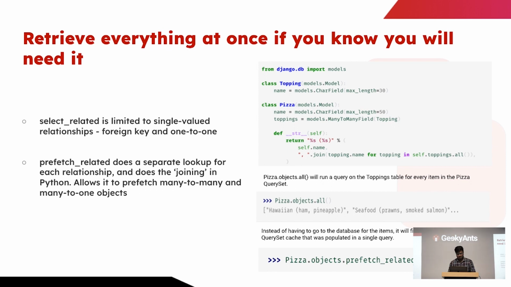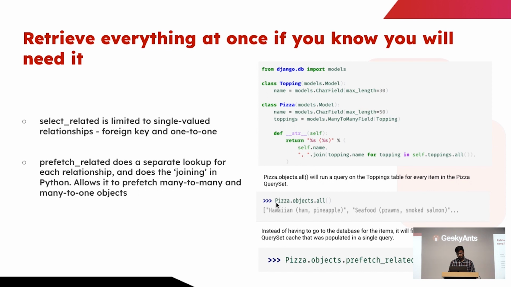Let's go with an example, because just telling it in theory makes it more complex than it's supposed to be. We have a simple example of a topping and a pizza. A pizza will obviously have many toppings, and many toppings can be a part of a pizza, right? So it's a many to many relationship.